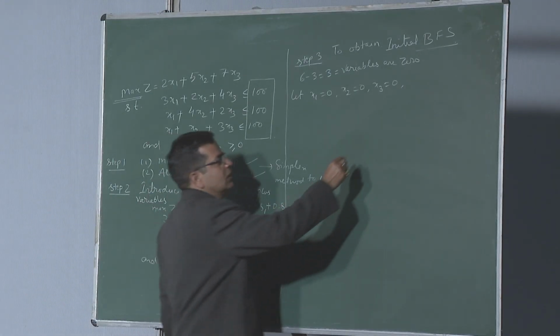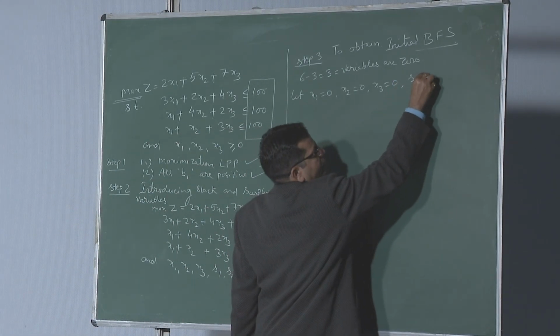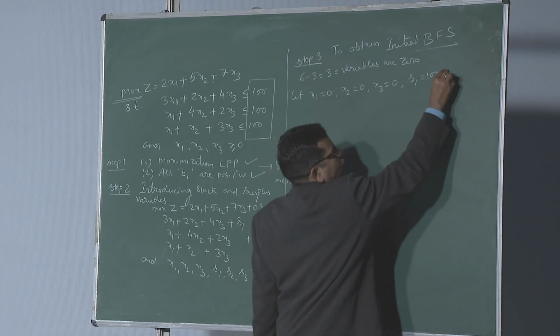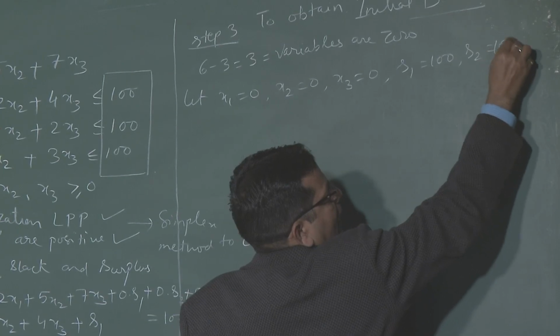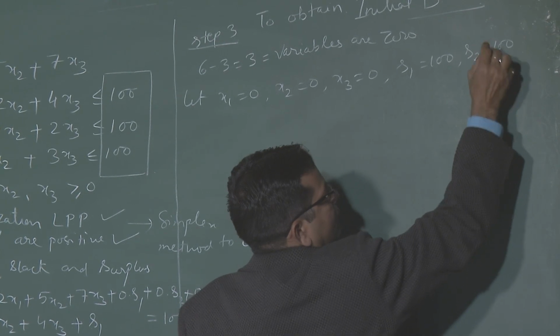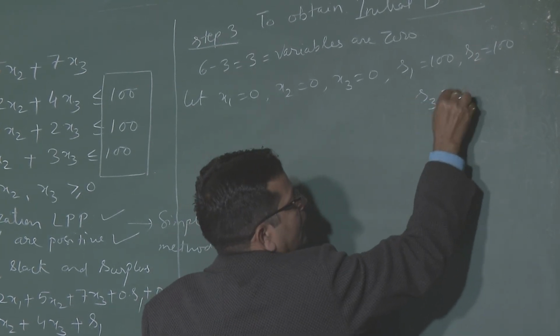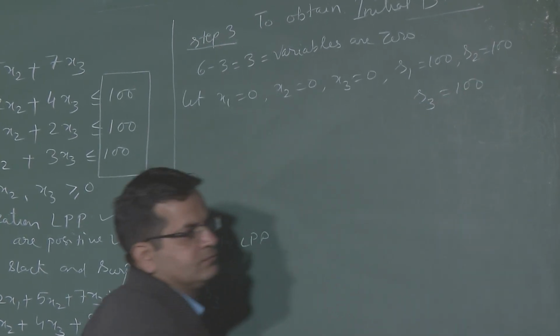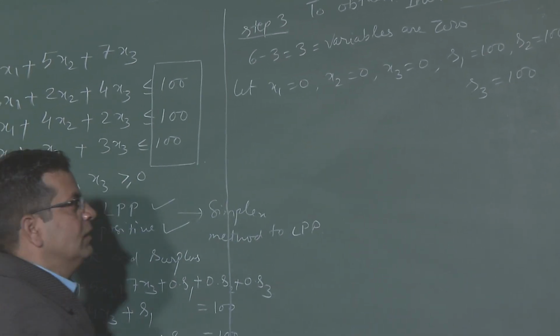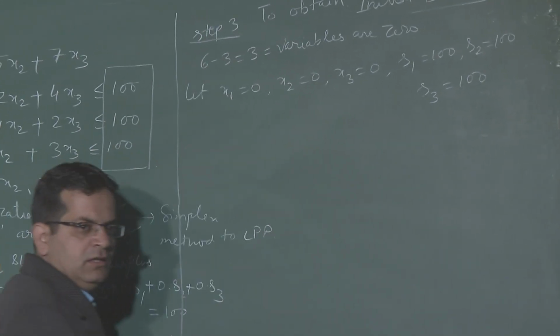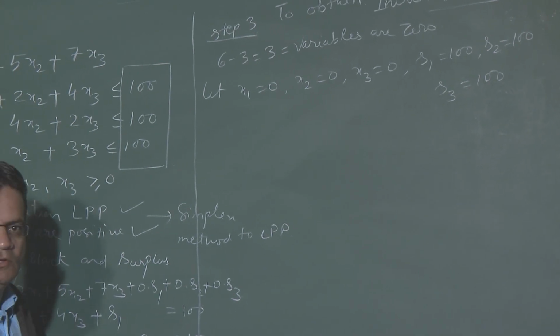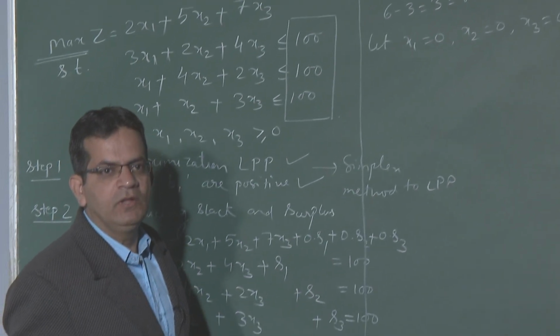S1 is 100, S2 is 100 and S3 is 100. We can see all the values are non-negative, so this is the initial basic feasible solution.